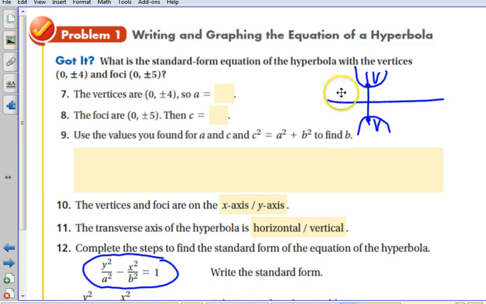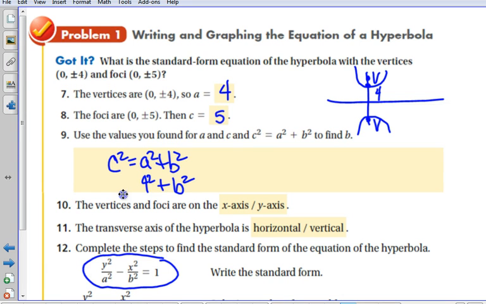All right. The foci are at 5. That'll help us find the a and b, one of which we already know. If the vertex was at 4, then a is 4. The foci are at 5, so that means c is 5. So how are we going to find b? C squared equals a squared plus b squared. We went up 4 to get the vertices, so that's 4 squared or 16.